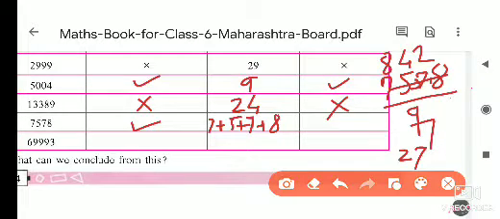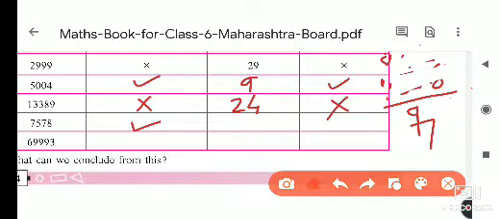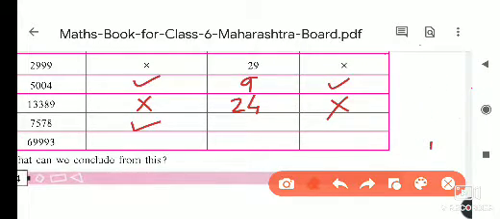And 27 is divisible by 9 because 9 1s are 9, 9 2s are 18, and 9 3s are 27. So this number is divisible by 9, and the sum of the digits is also divisible by 9. So we have to give the correct mark in the related column. So here what is the answer? 27, and it is divisible by 9.